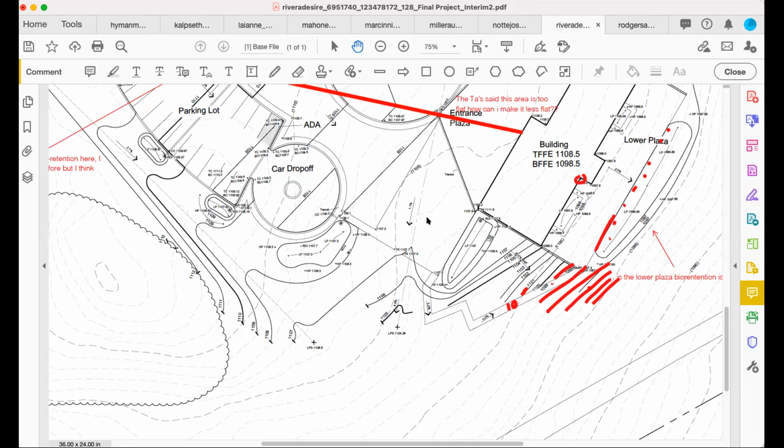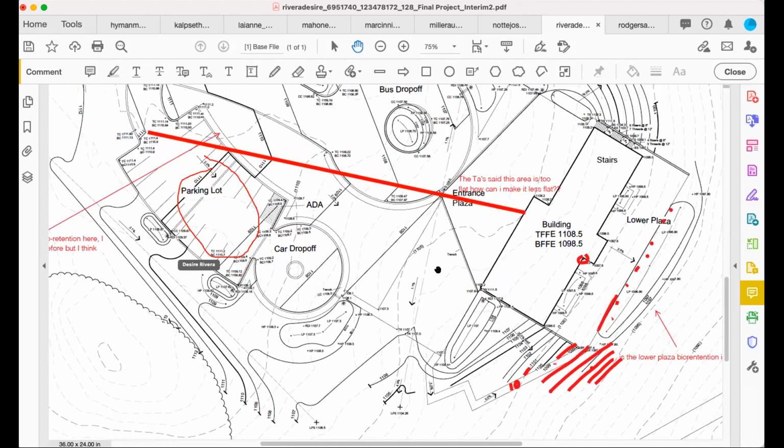Can you annotate where I should go? Right here. Does the high point just go here, or do I just put it over here? It's going to be on this side because we're going down. Okay.